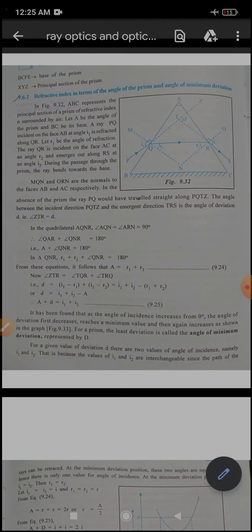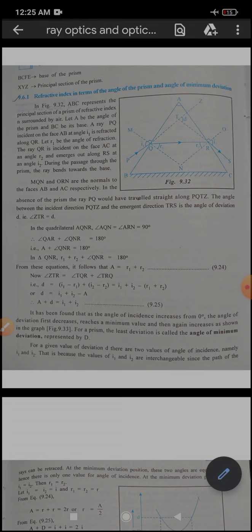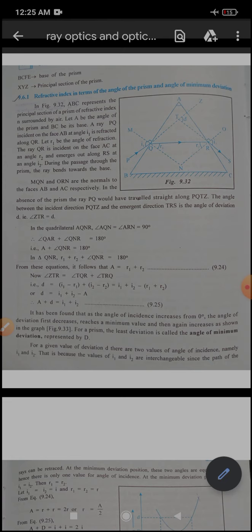Next, in the quadrilateral AQNR, the angle AQN is equal to angle ARN, both equal to 90 degrees. Therefore, the angle QAR plus the angle QNR equals 180 degrees.